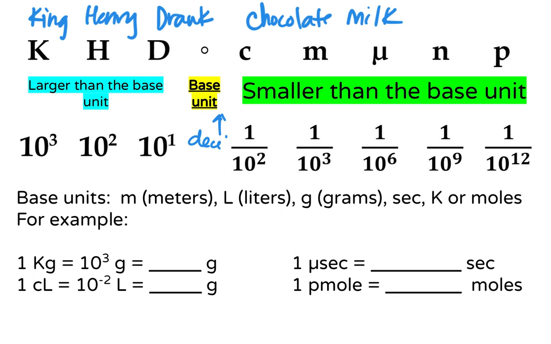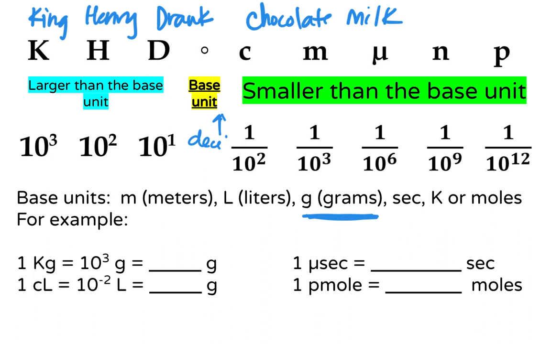Our base units for use in class are not necessarily the base units from SI. Remember I talked about how they use the kilogram as their base unit. We are going to most likely use the gram as our base unit. So let's look at some of these conversions.